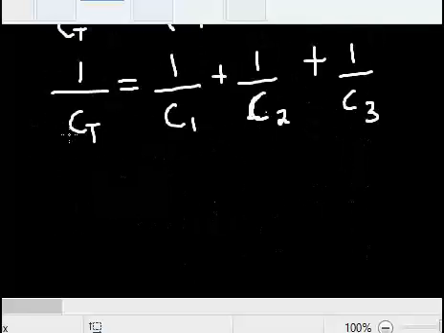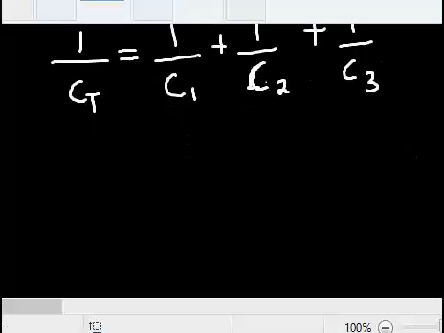So the reciprocal of the total capacitance is going to be the sum of the reciprocals of the individual capacitors.